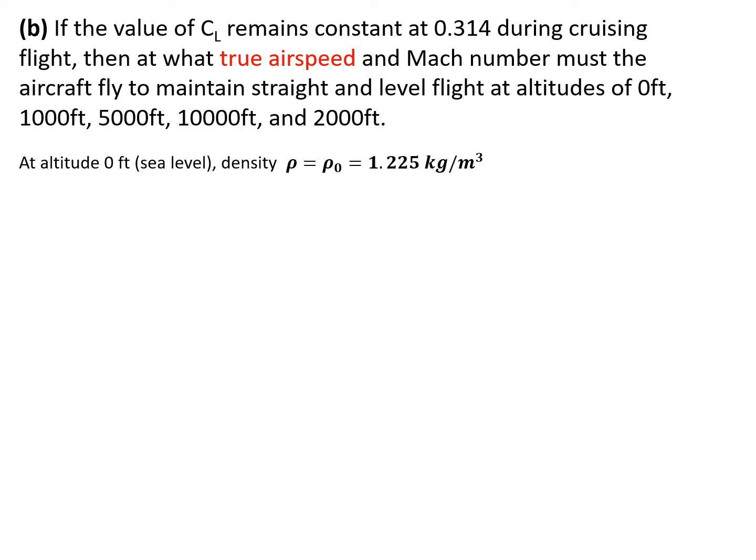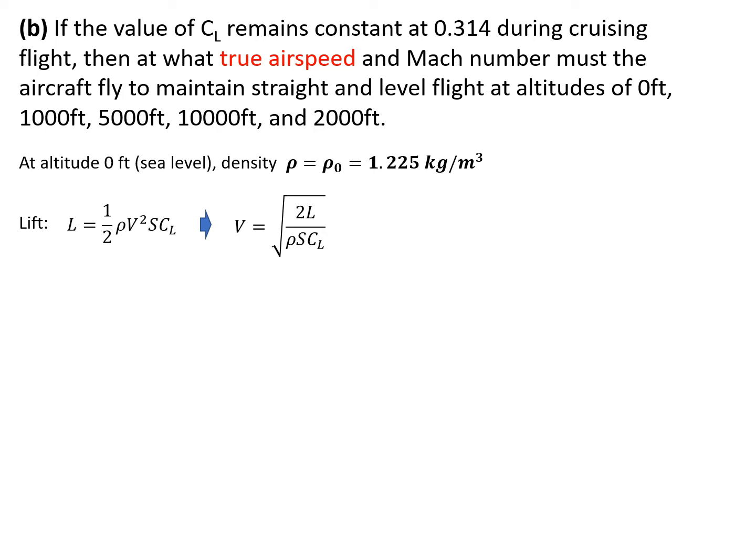Okay, so again at sea level, let's first calculate flying at altitude of 0 feet. That's at sea level. The density we already know is 1.225 kilogram per meter cube. And again, we can write down the lift definition, and also we just write velocity. This is true airspeed.